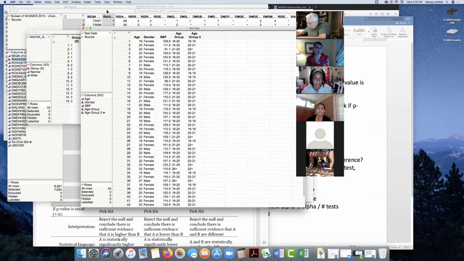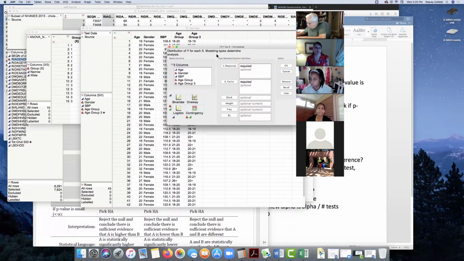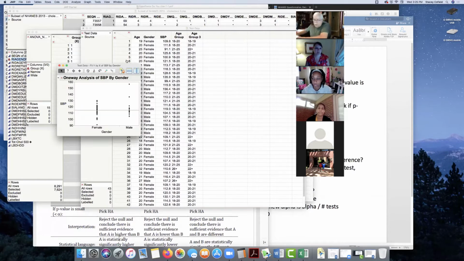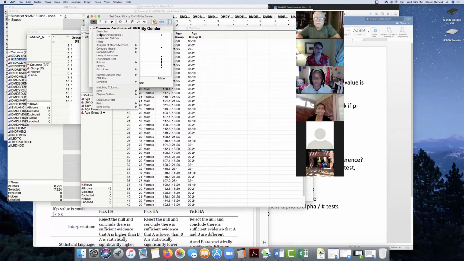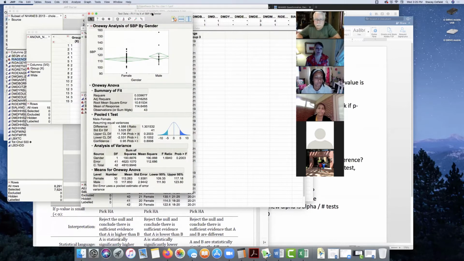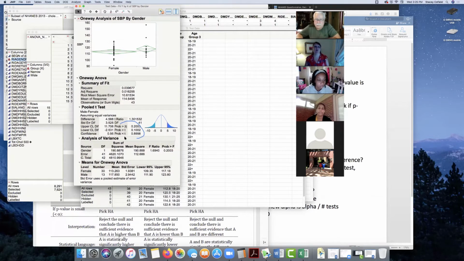All right, so let's look at Fit Y by X for gender by systolic blood pressure here. I get my t window and I ask it for a t-test. The thing is that JMP gives you all 3. But what do you notice here about these 2? What's the top one? What's this p-value testing?